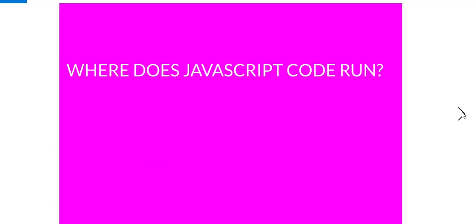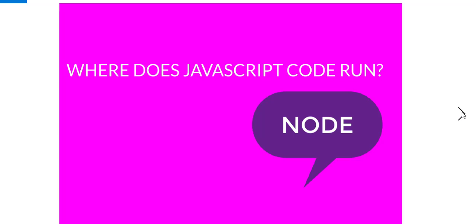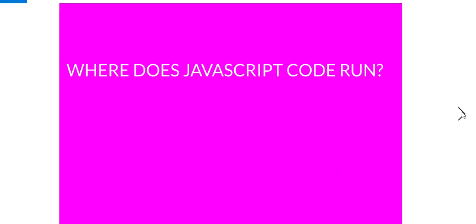In 2009, a very clever engineer called Ryan Dahl took the open source JavaScript engine in Chrome and embedded it inside a C++ program. He called this program Node. So Node is a C++ program that includes Google's V8 JavaScript engine.